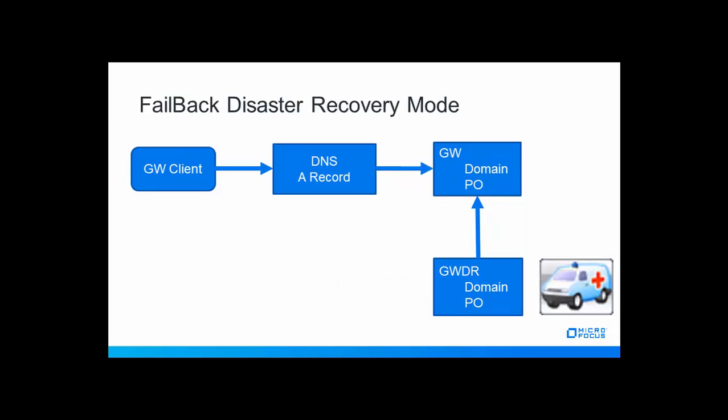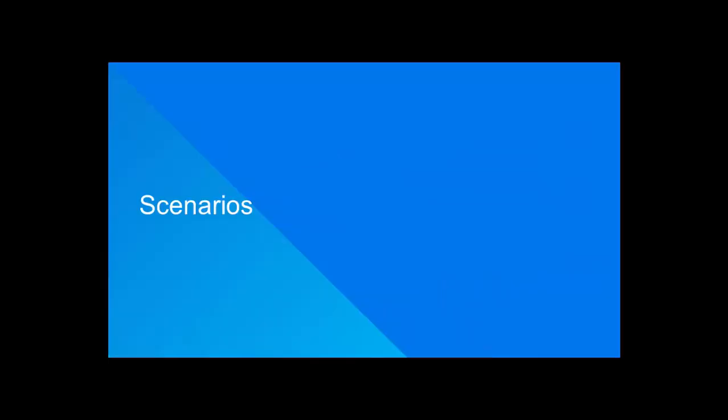Then you can let the GroupWise server take over, change the A record back to the production GroupWise server, and shut down the disaster recovery mode on the GroupWise disaster recovery server. Then do the final migration of data to the production server. Then go back to operating normally.